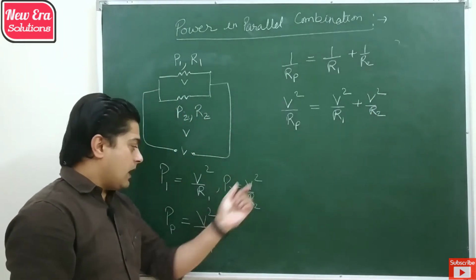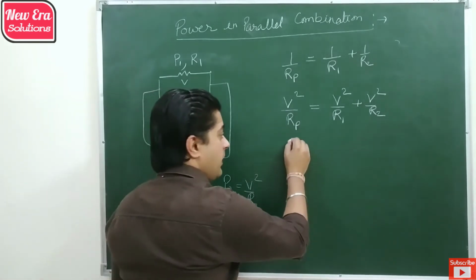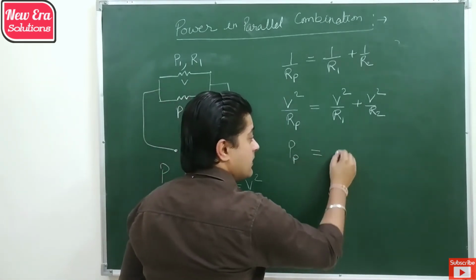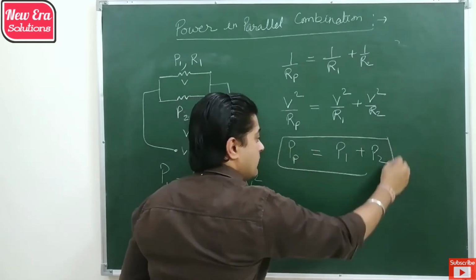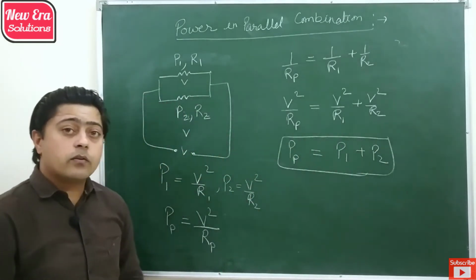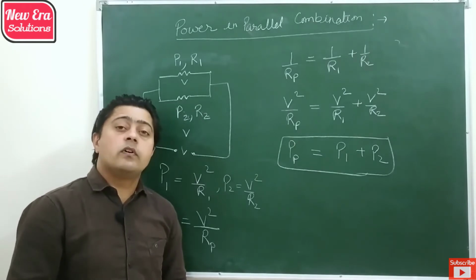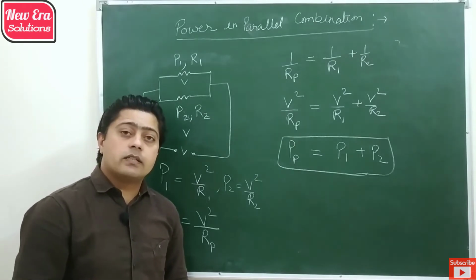Then V square by Rp becomes the final power in parallel combination, V square by R1 is the first power and V square by R2 is the power of the second device. So the effective power in parallel combination is the sum of the individual powers of each device.